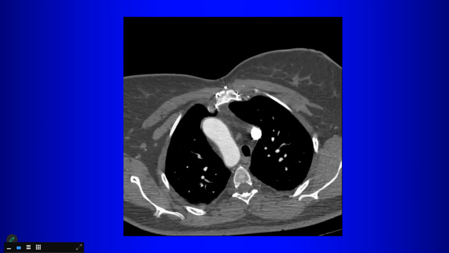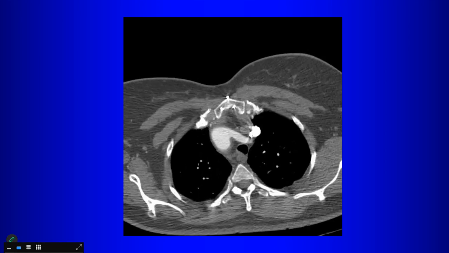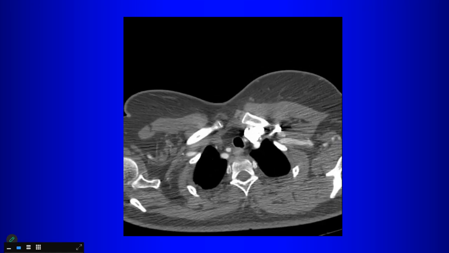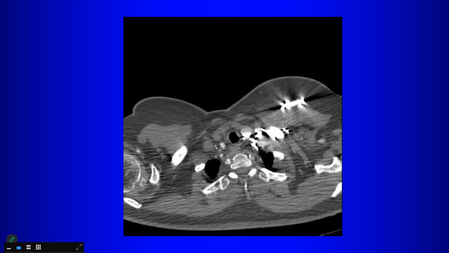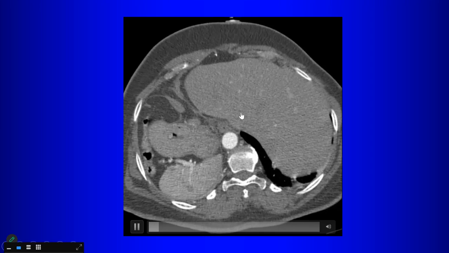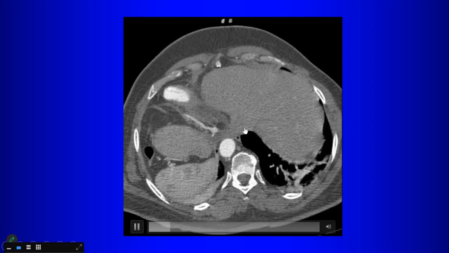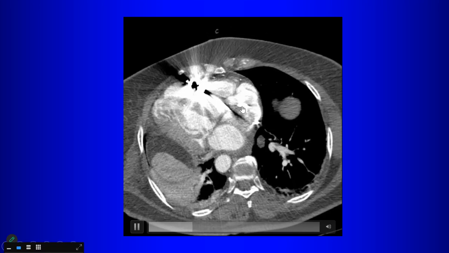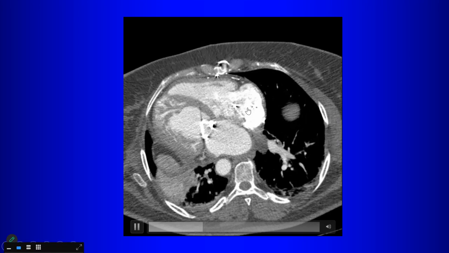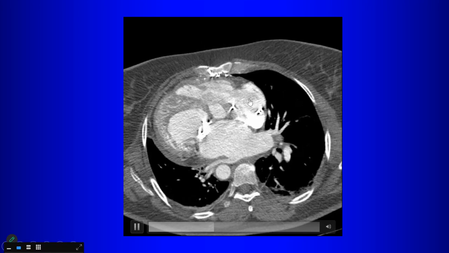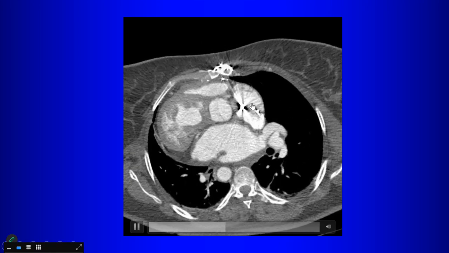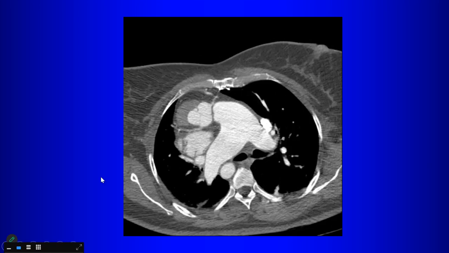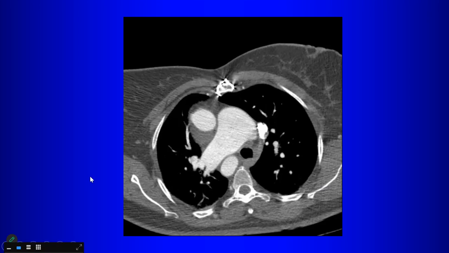Okay? So we see that morphologic left atrium there. So let's find that. So we said this was our morphologic right atrium, and on the other side we have the morphologic left atrium.